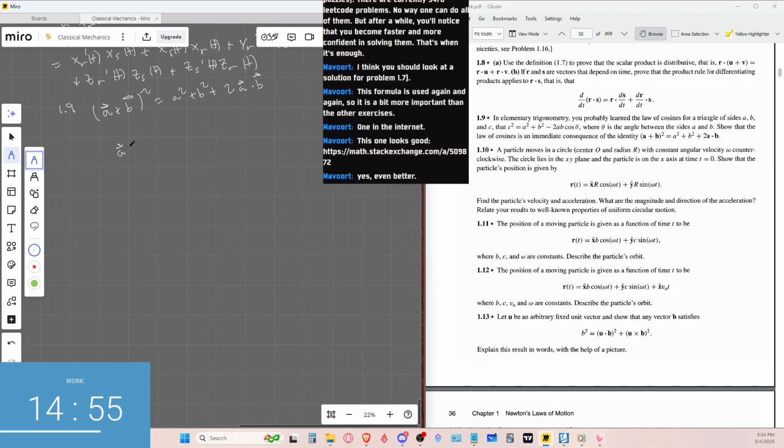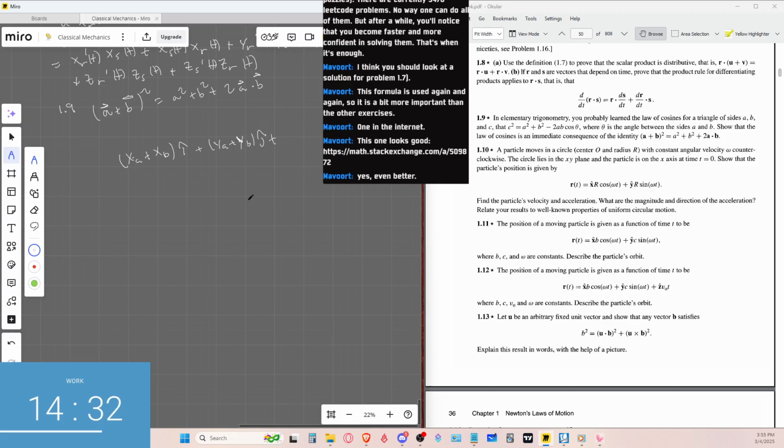So we'll have vector, oops, no. I should write it differently. So we'll put x plus B, then plus y b, then plus z.